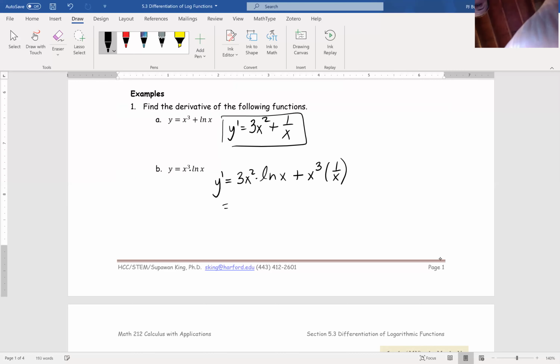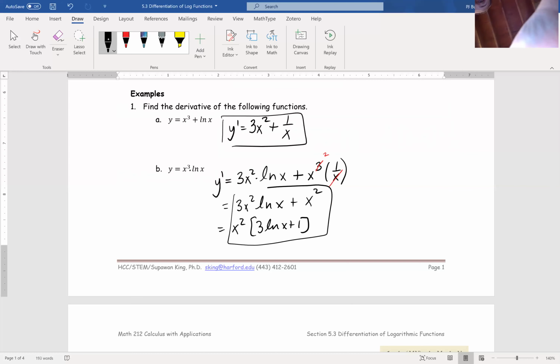We can slightly simplify this by making this x squared. One of these would cancel with one of those. And then both terms have an x squared in them, so you could even factor that out and write it this way. Either of those are acceptable.